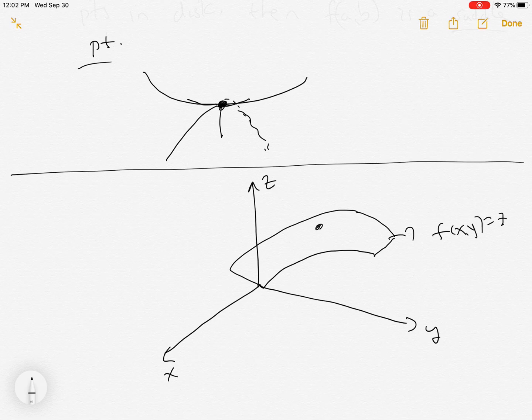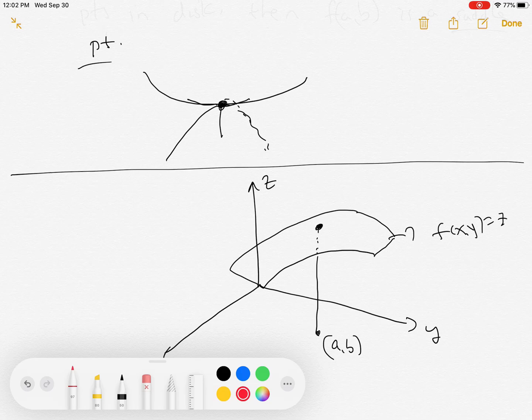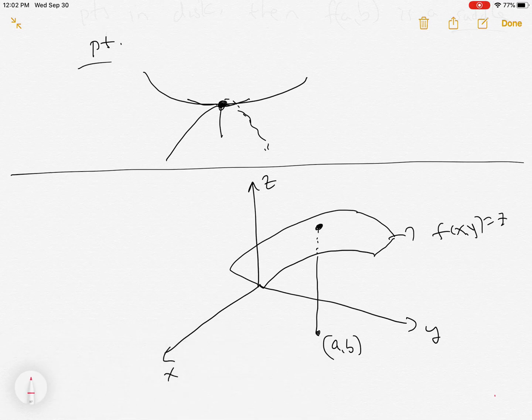Let's say up here is a max, right? And sure enough, this has got some point (a, b) that projects onto it. And we're assuming now that this is a max.